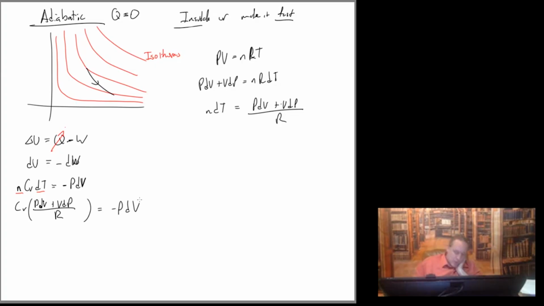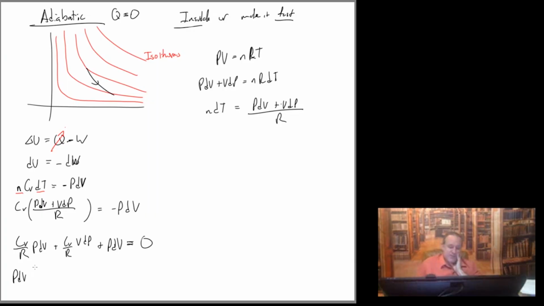Okay, so let's try to rearrange things and separate our variables. So we have this constant Cv over R times P dV plus Cv over R times V dP, and we can add a P dV to both sides. And so we have two different terms that have P times dV.